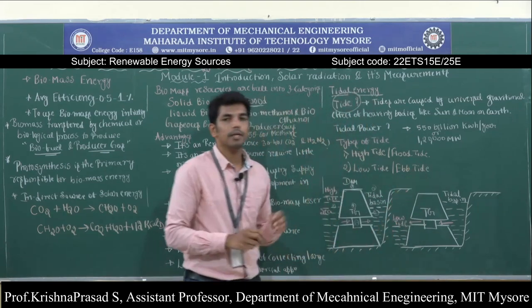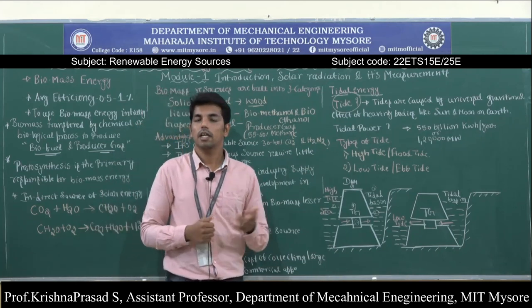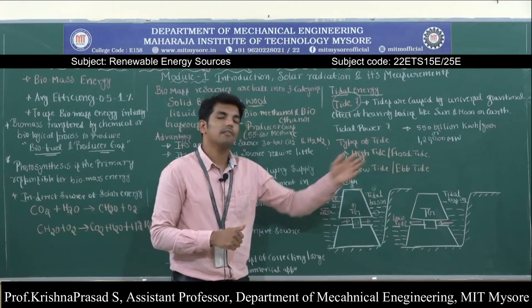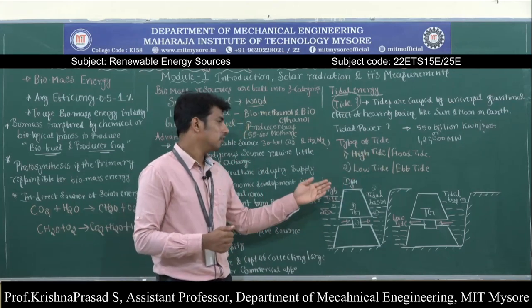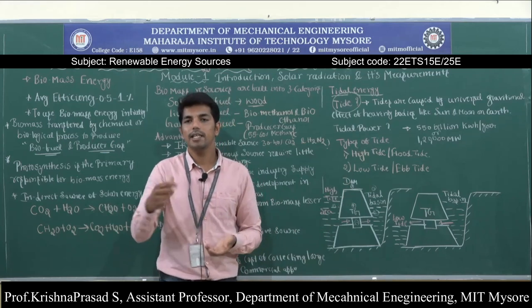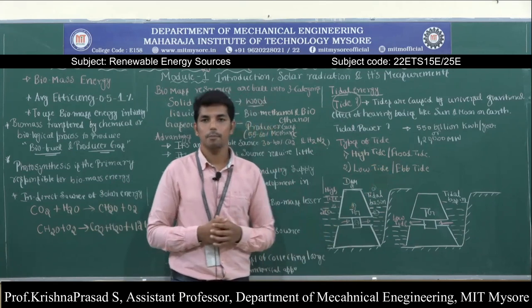What is meant by the high tide? If the height of the water is higher than the mean sea level, then it is called high tide or flood tide. Similarly, if the height of the water is lower than the mean sea level, then it is called low tide or ebb tide.